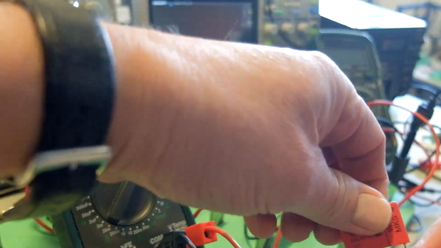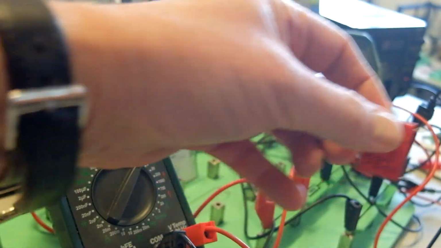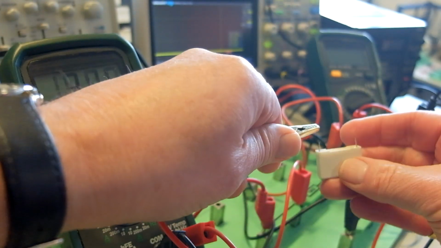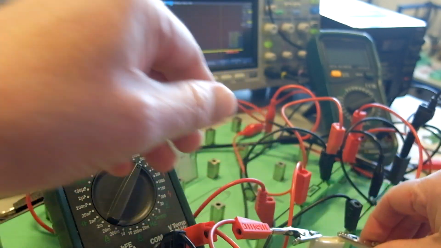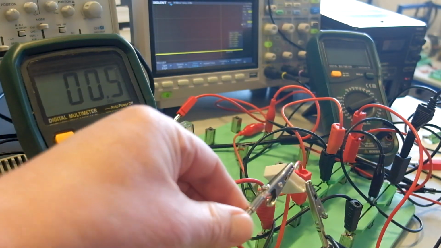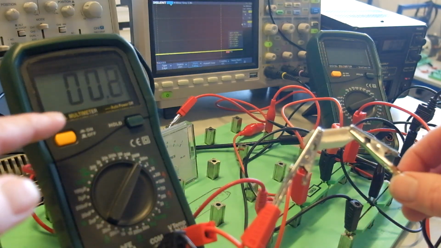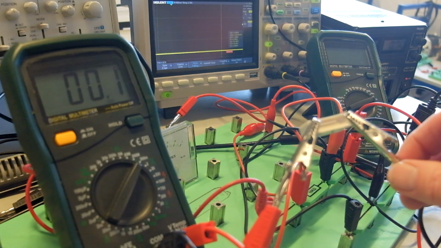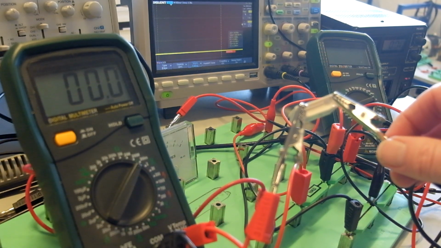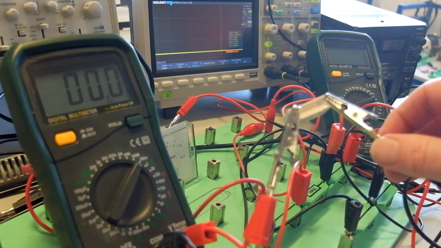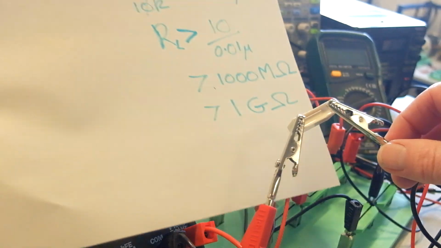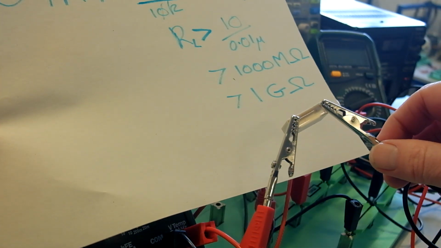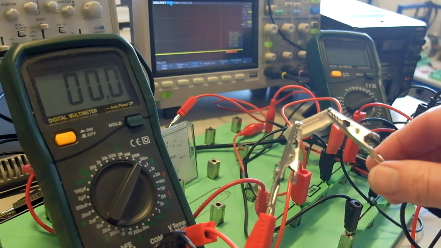Let's change the capacitor type to this white one here. So it's going to have a different dielectric material. And if we look over here, yeah, it's going down to 0 again. So again, the same with this capacitor, we can say that the leakage resistance is greater than 1 gigohm with that type of capacitor.